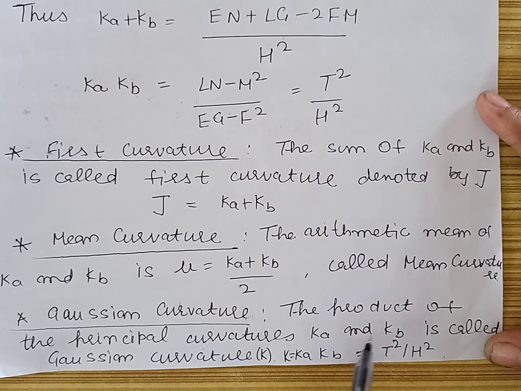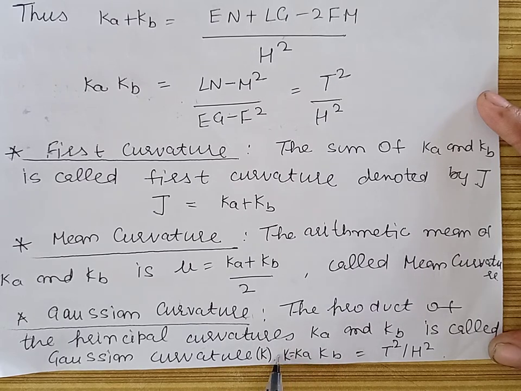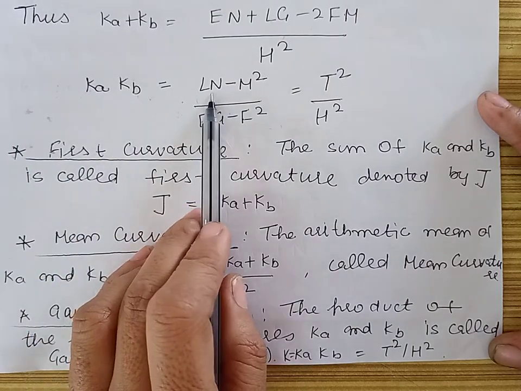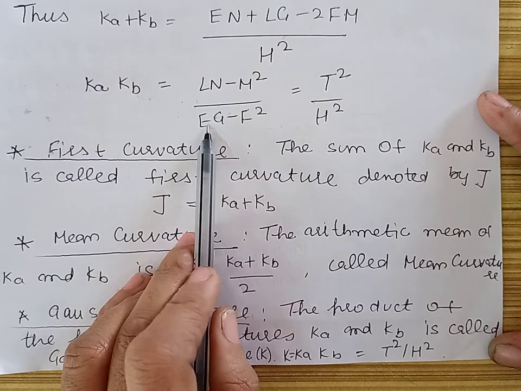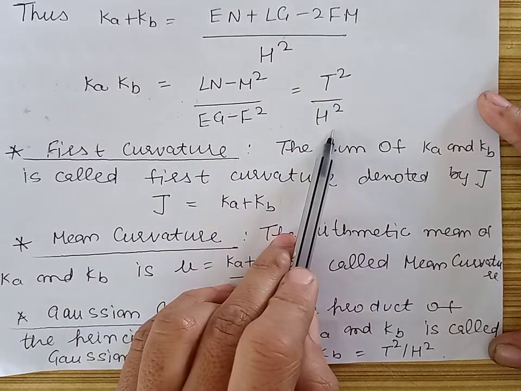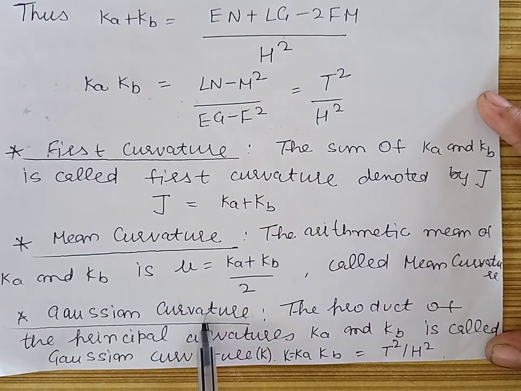So the product of these two curvatures is called the Gaussian curvature at the point P of the surface, and it is denoted by the letter capital K. So capital K is equal to κA into κB, and from here κA into κB is given by (LN − M²)/(EG − F²), because this is T² and this is H². So we can write Gaussian curvature K = T²/H².